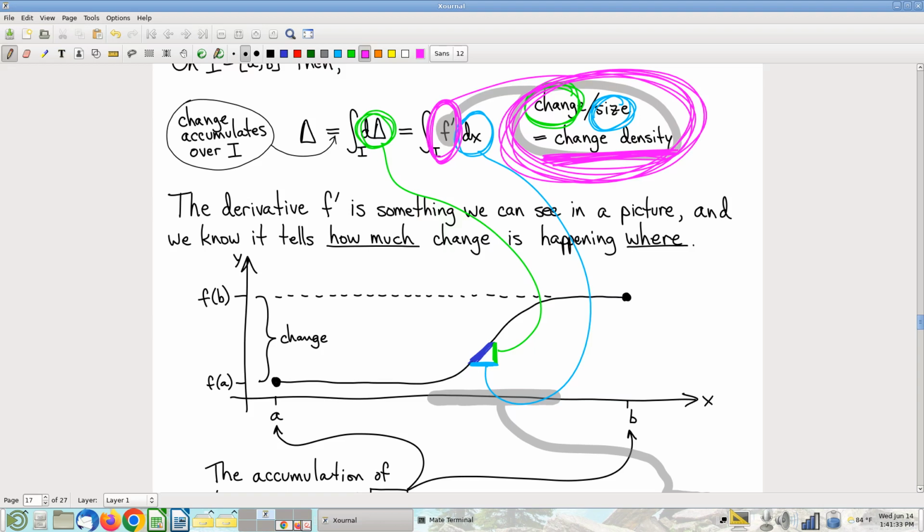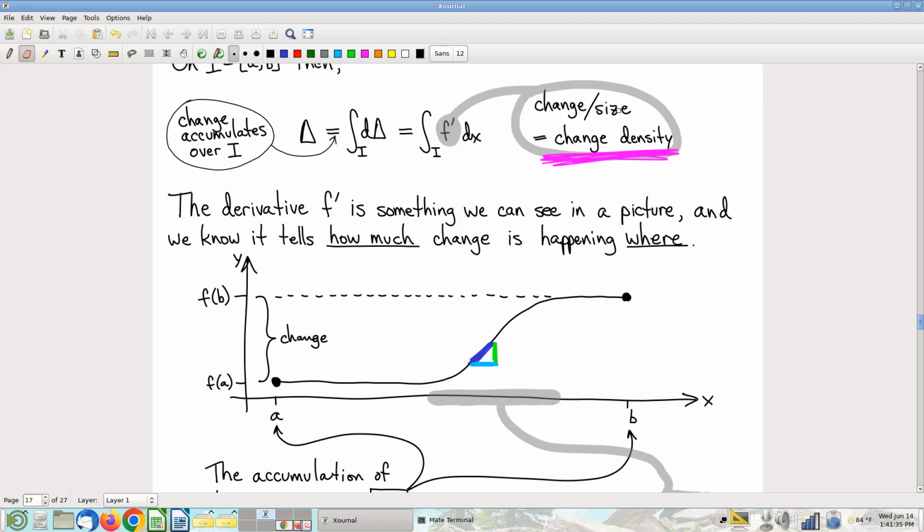One of the things I like about this is that it allows me to make a reasonable interpretation of this density, because I can see the picture. Here's my picture. This is what's actually happening.